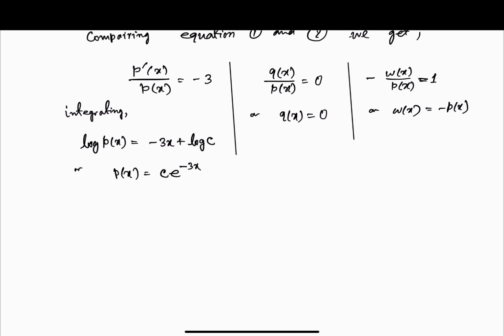Because w(x) is minus p(x), w(x) is minus c times e to the power minus 3x, where c is some real number.